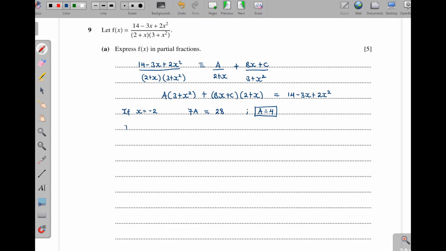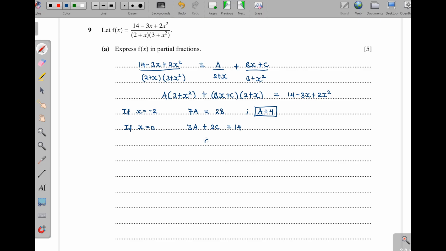If I let x be equal to 0, that means b will go, and then here I will be having 3a, then plus, since b has gone, this one is 0, then we shall have 2 times c, so that will be 2c, and then of course these terms will go, and that one will be equal to 14.